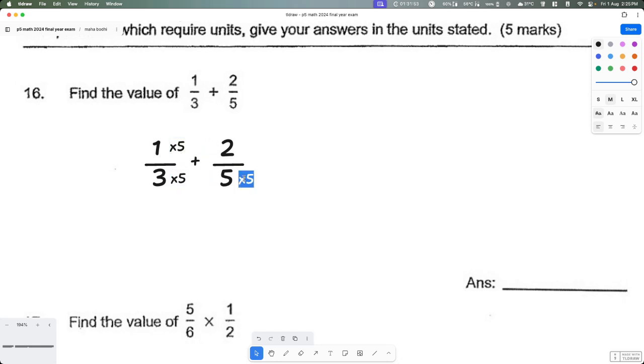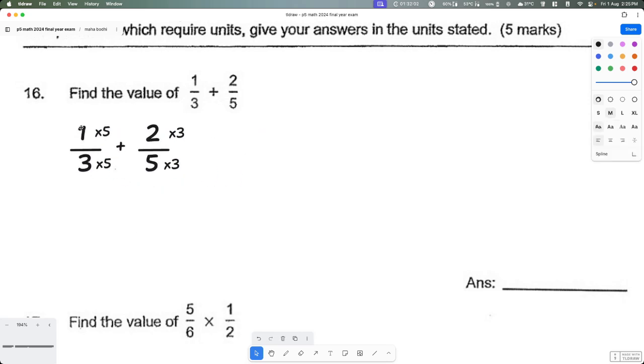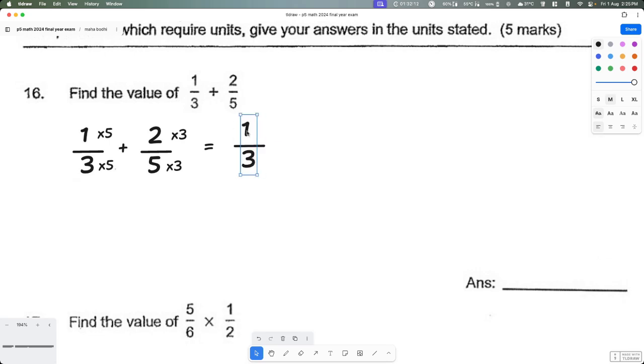Then the denominator for 2 over 5, we multiply by 3, and then we multiply by 3 here as well. Okay, so in this case, we will have this equal to 1 over 3, this will be 5 over 15, and then plus, in this case, 6 over 15, right?